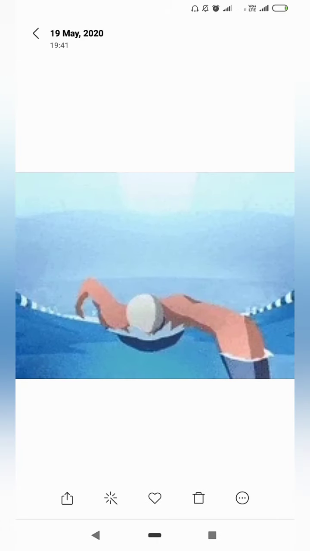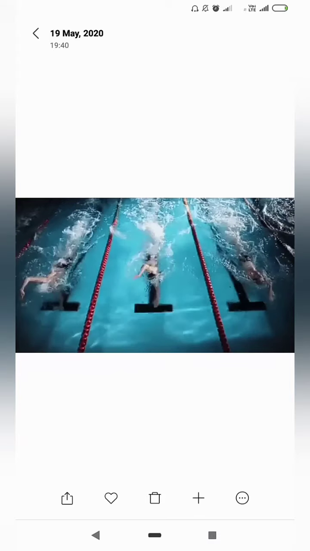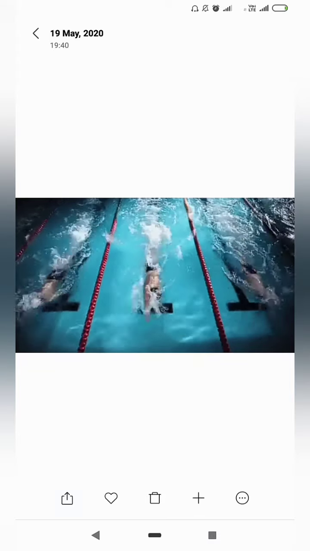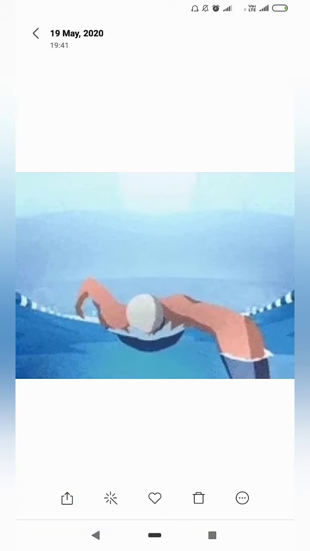Now look at this. A man is swimming. It is singular. In this case, the men are swimming. So this is plural. So in the case of I, we say I am swimming. If it is second person you, what will you say? We have to say you are swimming. Okay?